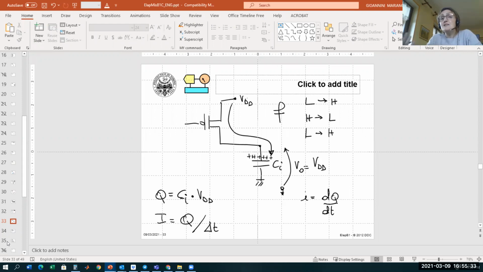Of course, the maximum frequency I can work at is such that its period is equal to the time it takes to charge the capacitor. I cannot work with a higher frequency, otherwise I wouldn't give enough time to the capacitor to be charged. So the highest current that I can have is equal to Q times the operation frequency, F.